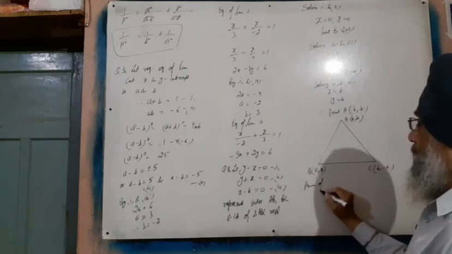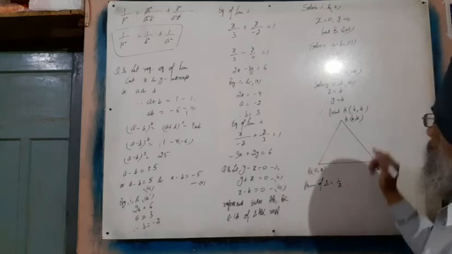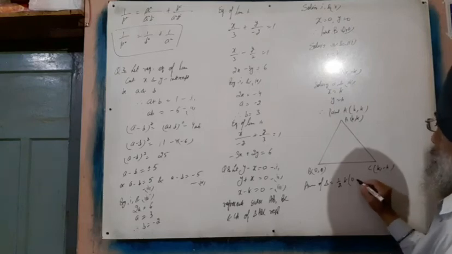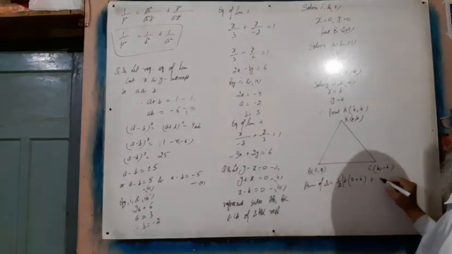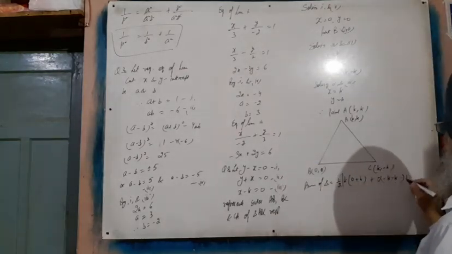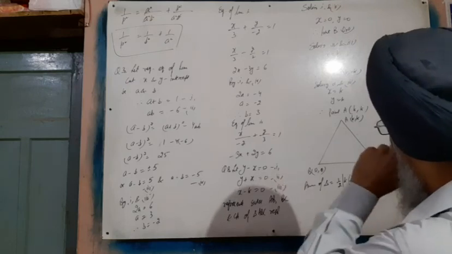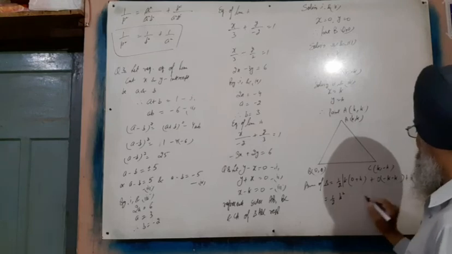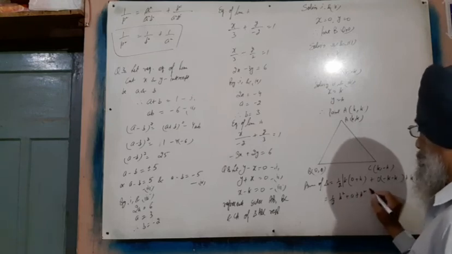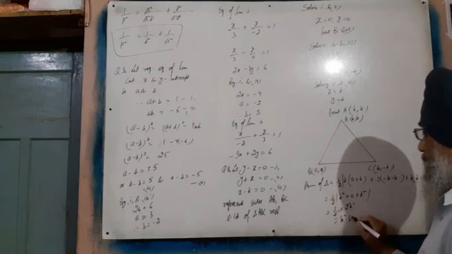So the area of the triangle is given by half of x1 into y2 minus y3, plus x2 into y3 minus y1, plus x3 into y1 minus y2. It becomes half of k square plus 0 plus k square, half of 2k square, simply k square square unit.